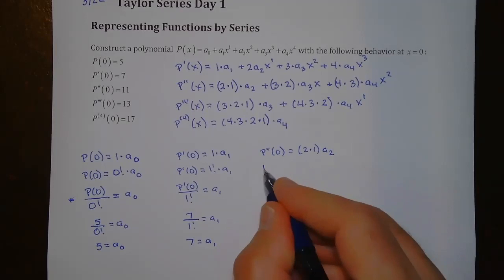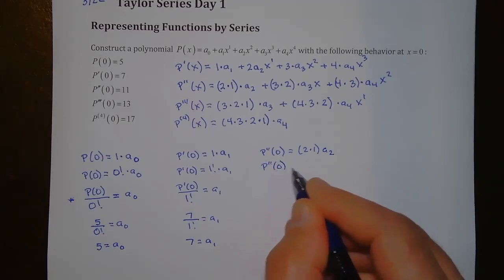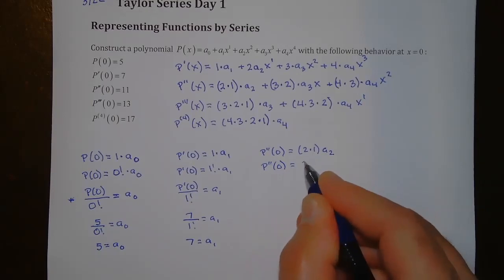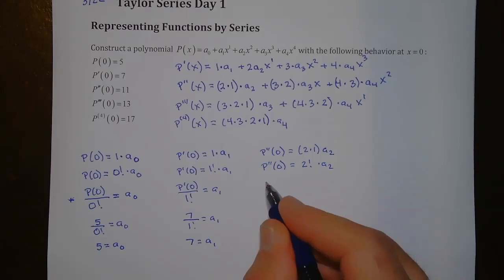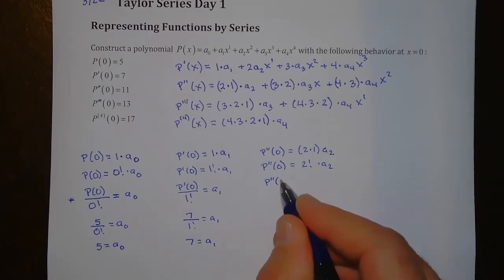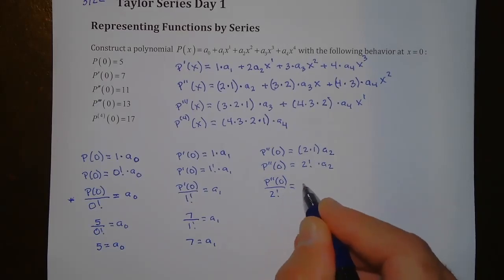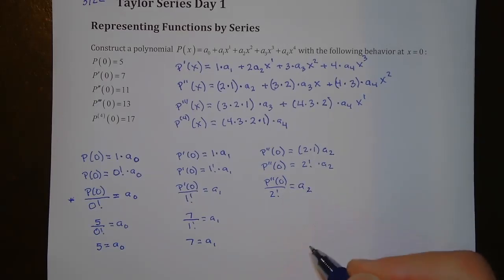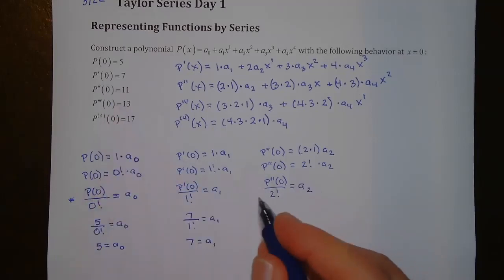So that'd be P double prime of 0 is equal to 2 times 1. Well, that's 2 factorial times a sub 2. So P double prime of 0 over 2 factorial would equal a sub 2. All right, so P double prime of 0 is 11.